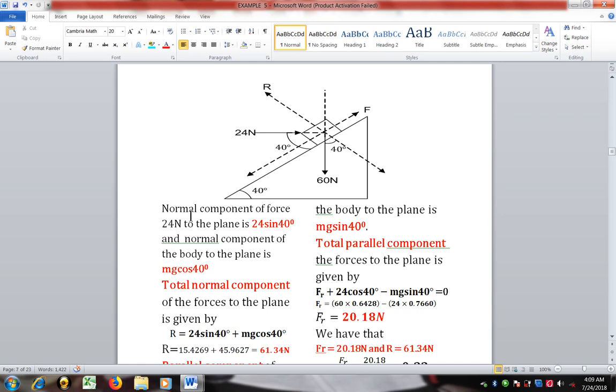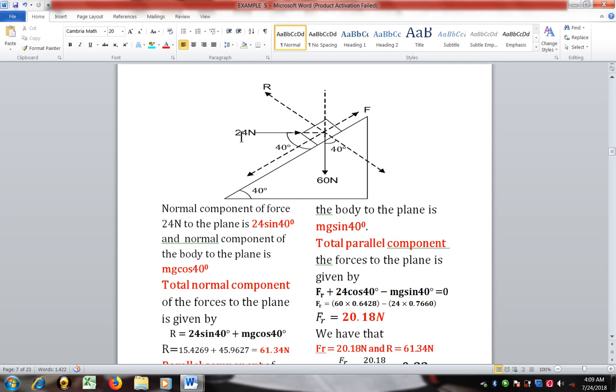First and foremost, we need to find the normal component of the force 24 Newton and the normal component of the weight of the body to the plane. Now, this force 24 Newton is a horizontal force. We know that the angle between the plane and the horizontal is 40 degrees.